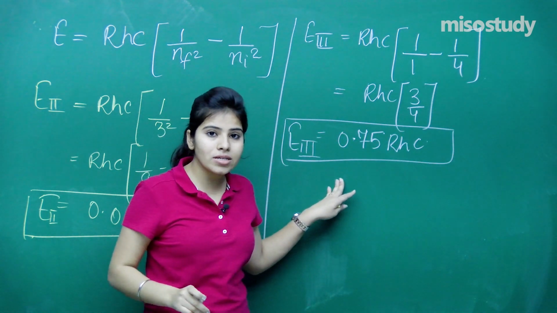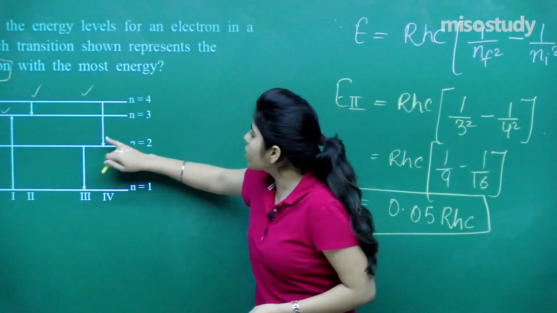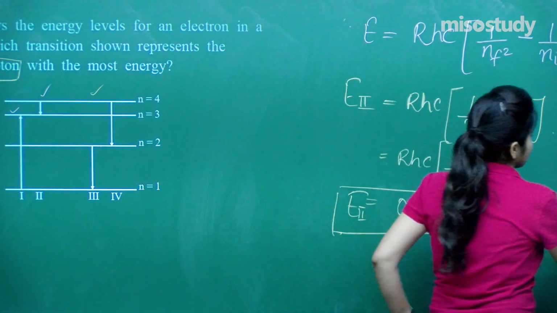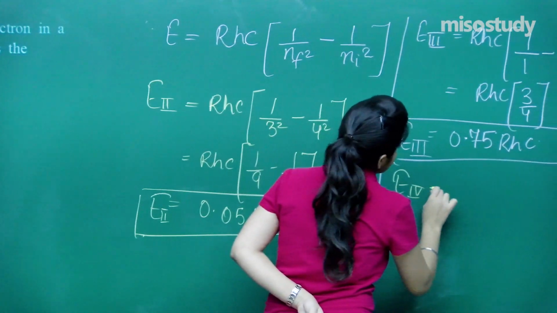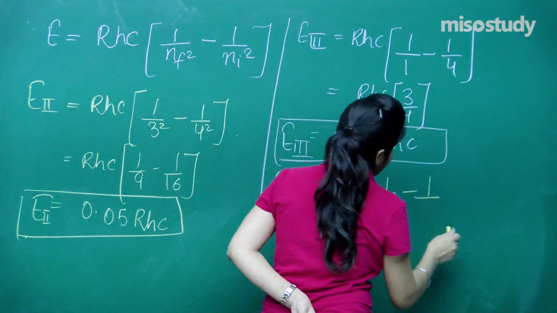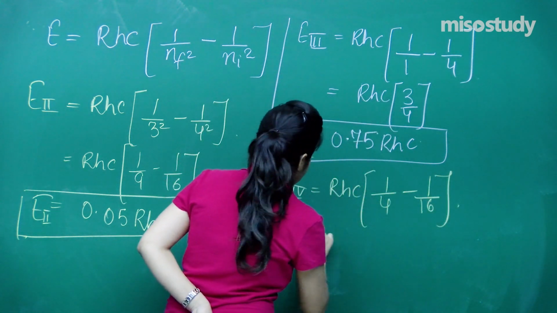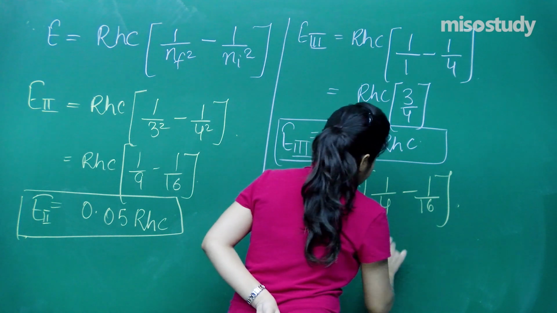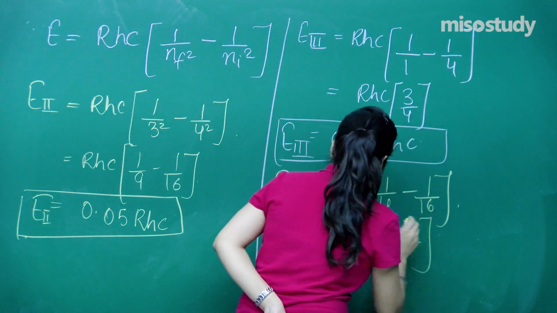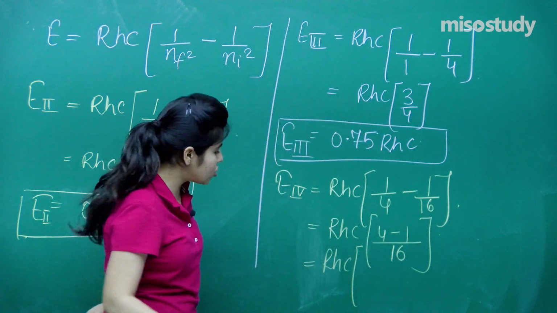Now we have discussed this, and if I talk about the electron that is coming from 4 to 2, that will be RHC from 4 to 2. Is that correct, whatever I am doing? You can check it out.